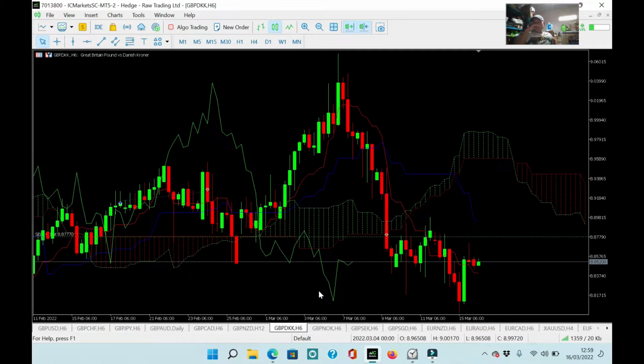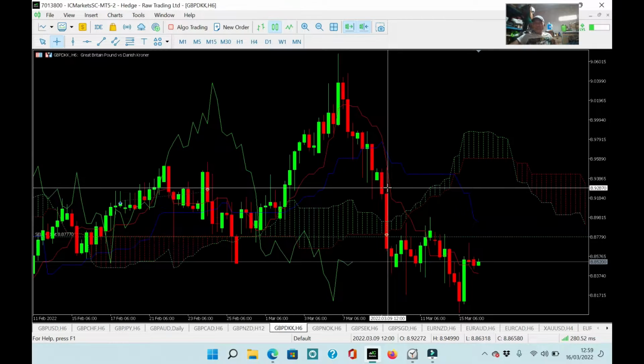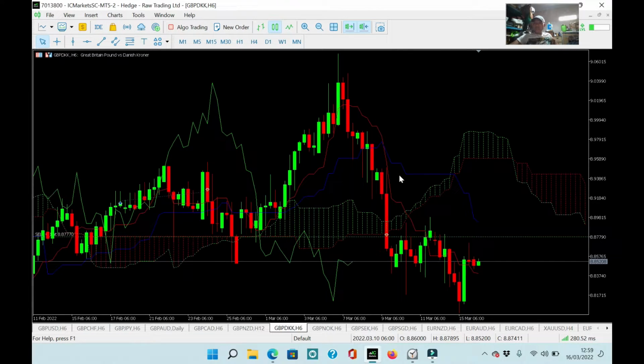Pound sterling. This is the trade that I took on 9th of March. You can see obviously that the price is not really forming a strong bearish trend. The price is upside down.